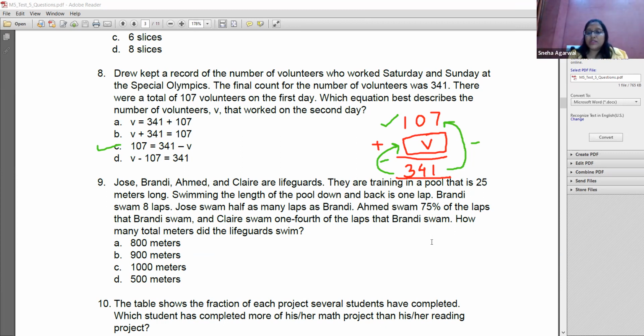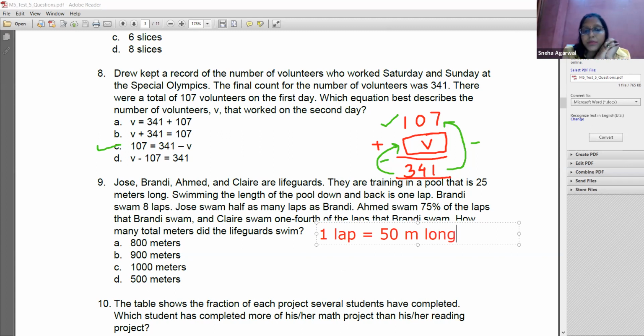In the training, the pool is 25 meters long. That means they need to cover a 25-meter distance, and again go back 25 meters. So 25 plus 25, 50 meters. One lap is 50 meters long.